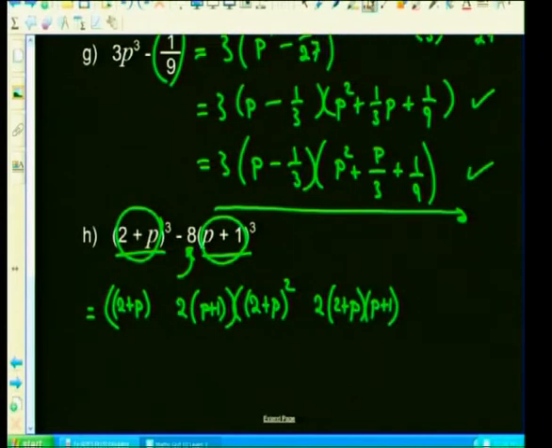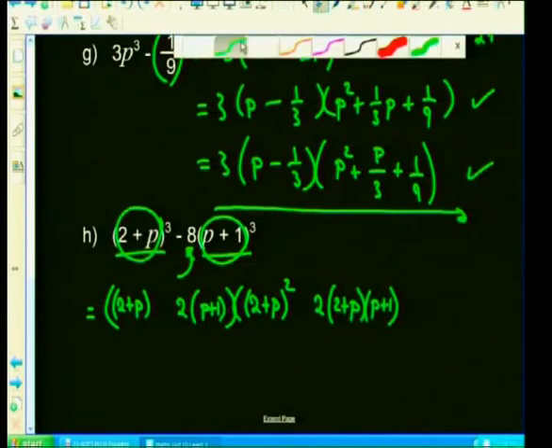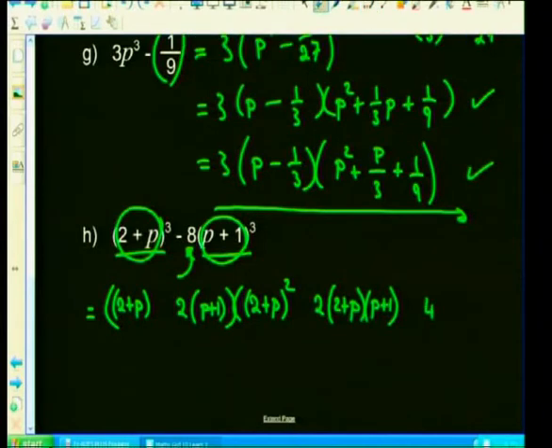And our second squared will be 4 into p plus 1 squared. And there endeth our second bracket. Let's put our signs in. Because our sign over there is negative, we have negative, positive, positive.